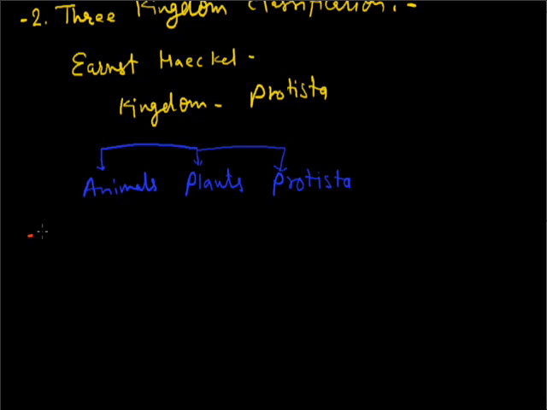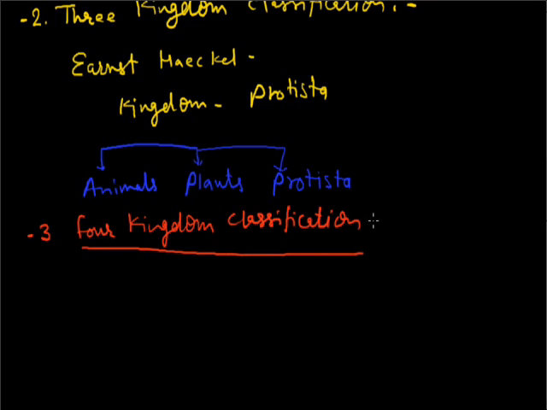Now the third system of classification, we call it the four kingdom classification. It was given by Copeland. According to this system, the living beings are categorized in four groups or four kingdoms.